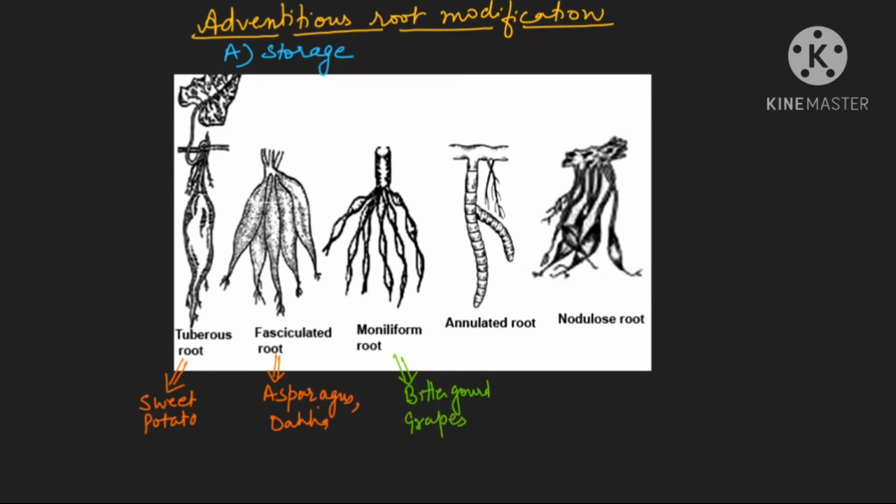The fourth type of modification gives an appearance as if it is making a proper annulated, ring-like structure. Okay. So these annulated ring-like structures you find in Epiac. Just let me write it properly. Wait.